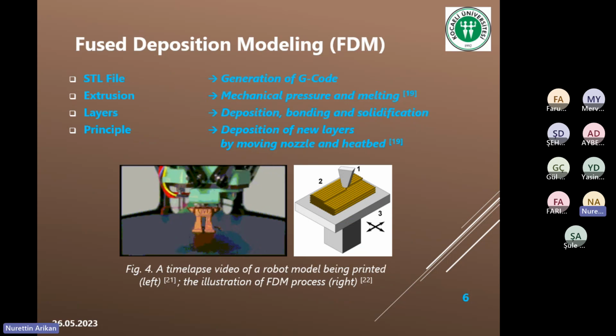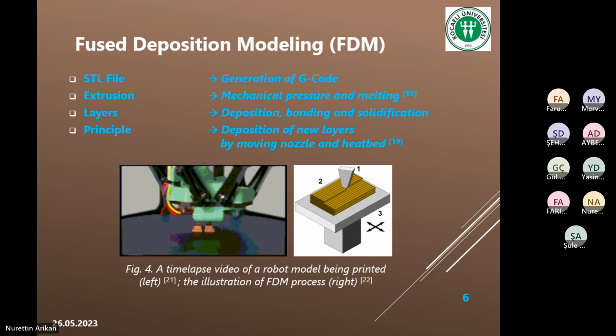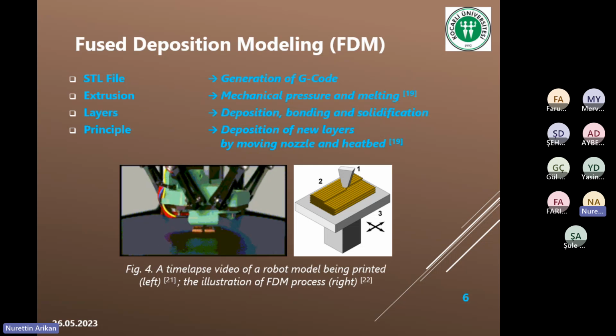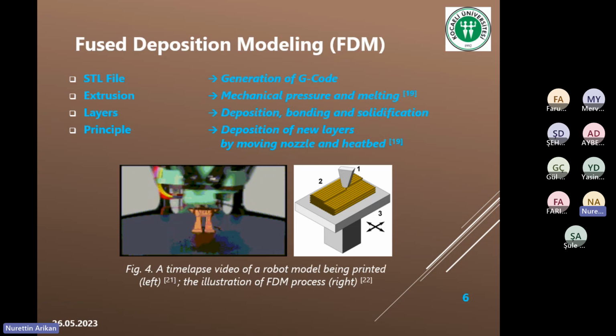The layers, as you see on the picture right, are generated onto the previous one, deposition, bonding, and solidification. So the principle in short is the deposition of new layers by moving nozzle and heat bed, layer by layer.